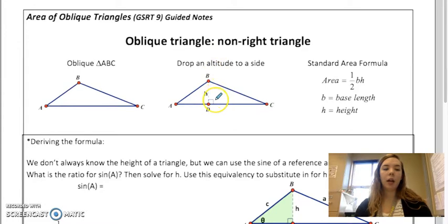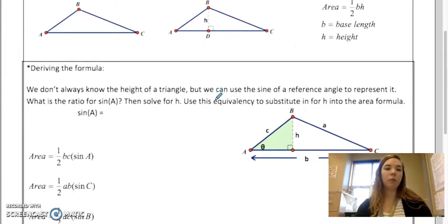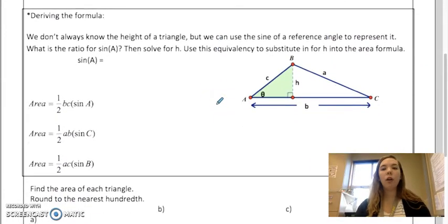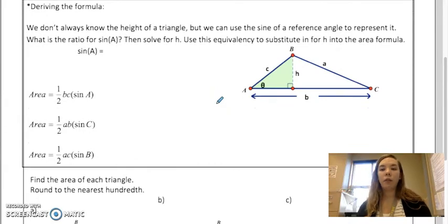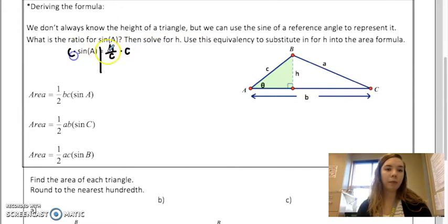To find the formulas we're going to use, we don't always know the height of a triangle, but we can use the sine of a reference angle to represent it. So this height we don't know, but the sine of A is h over c. If we solve for the height, we would be multiplying by c on both sides.